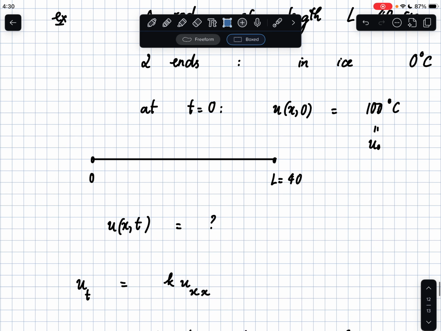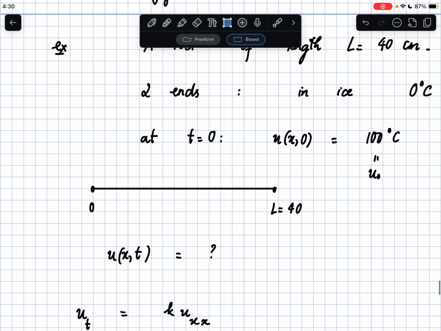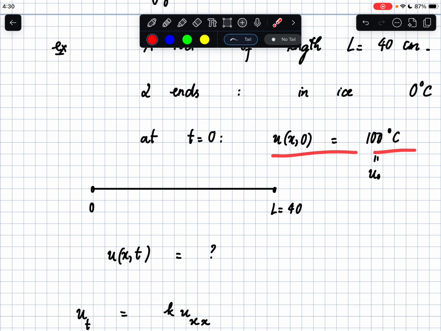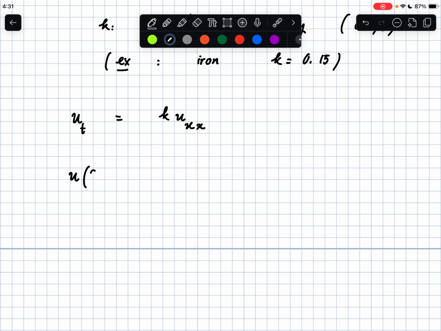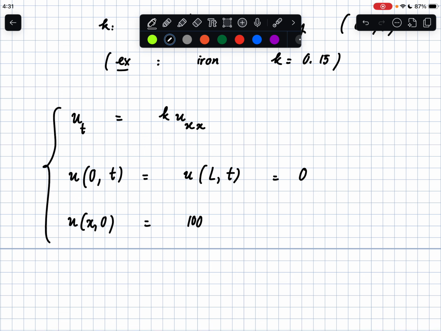You have u at 0, t and u at L, t both always 0, because the ends are in ice. Initially, we have u(x,0) equal to 100. This is the problem we need to solve.